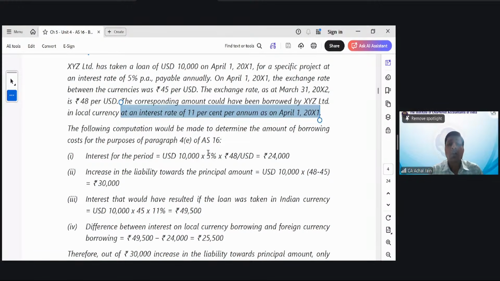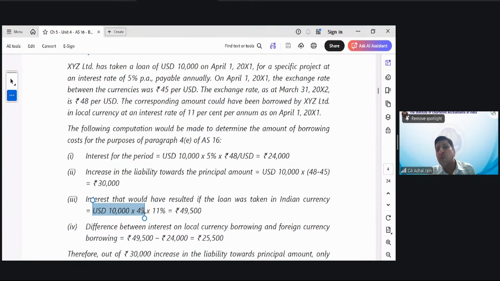Now, we are also trying to compute the interest, which is not actual. So we are just trying to check the amount of interest the company would have paid if the loan was taken in INR. So if the company would have taken the loan in INR, the loan amount would have been USD 10,000 into 45. Yes or no?